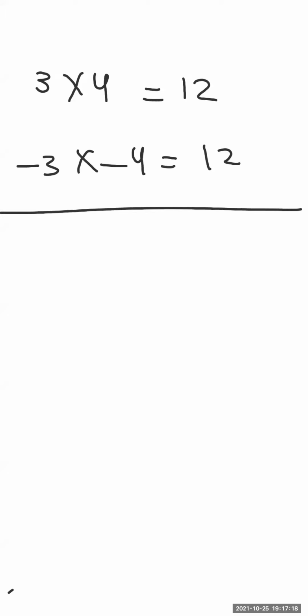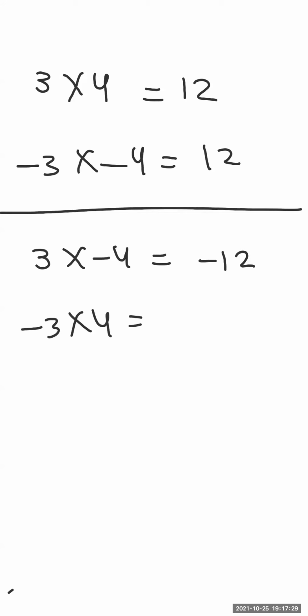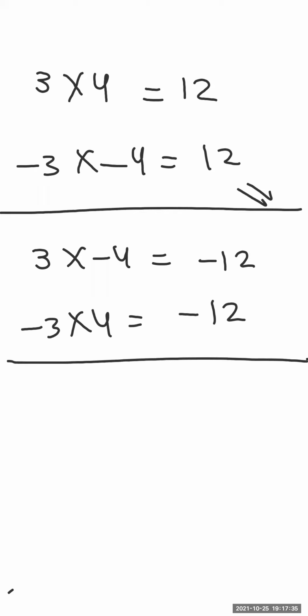Okay? But in case of two different signs, like 3 times negative 4, simply negative 12, or negative 3 times 4, also it will be negative 12. So if the two signs are the same, the result will be positive. But if the two signs are different, the result will be negative.